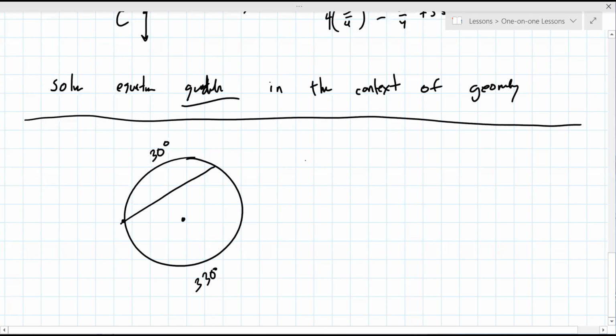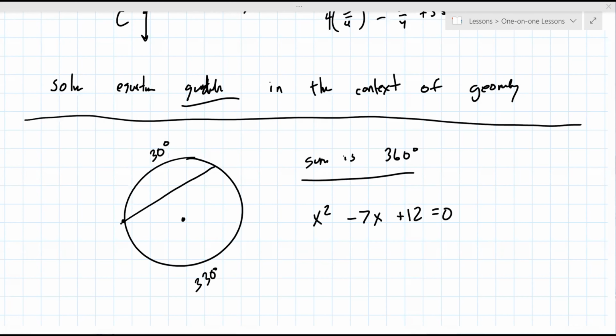Okay, so you know that the sum is 360. And then the only other skill in here is, can you solve equations like this? Can you factor? I think you can. We've done this so often, I'm very sure you can do it.